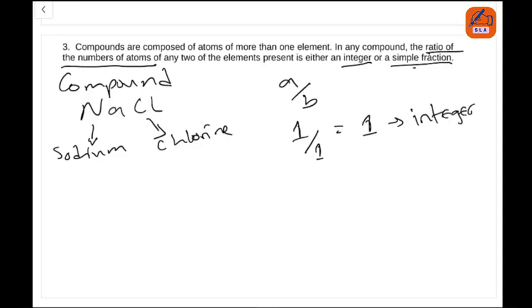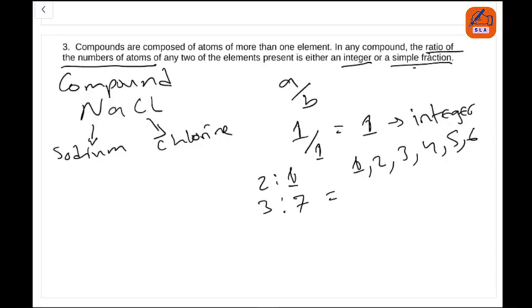So integers here are 1, 2, 3, 4, 5, 6, and so on. So you can have a ratio of 2 to 1, 3 to 7, and so on and so forth.